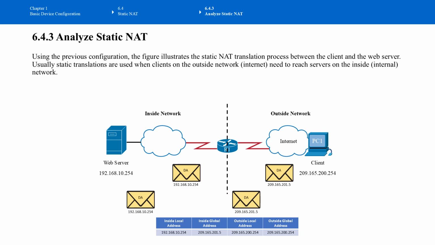In this figure, the address is 209.165.201.5. And then we have the outside local, which means the address of the outside device as seen from the inside. The address in this figure is 209.165.200.254. And we have the outside global, which means it's the actual public address of the outside device. The address in that figure is 209.165.200.254.